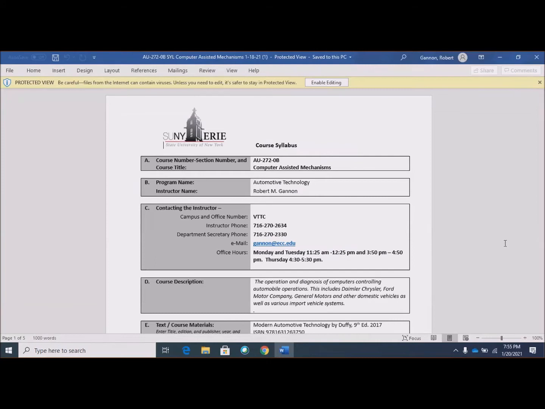But what is this course, right? It's computer assisted mechanisms. What does that mean? Really, it's a class that talks about all the electronic controls that cars have. It started as an electronic engine controls sort of class.